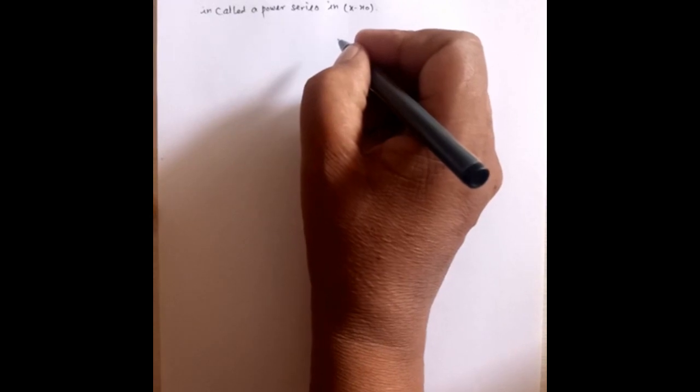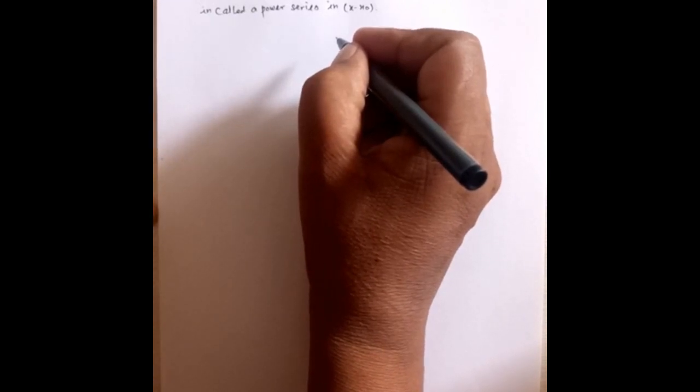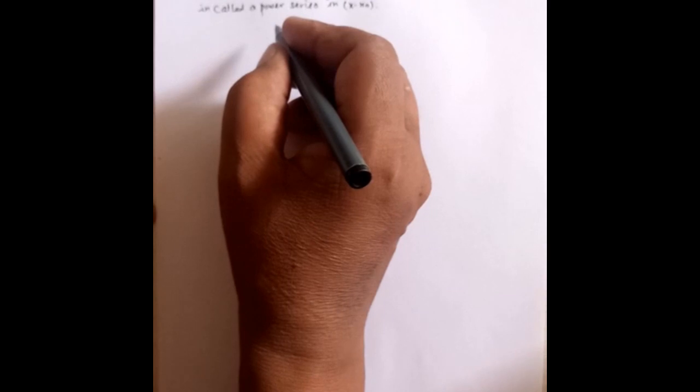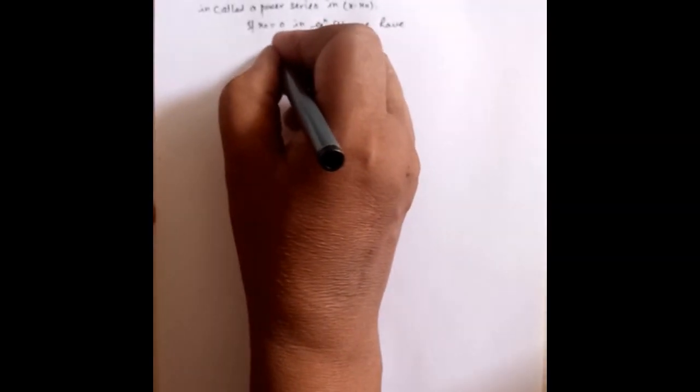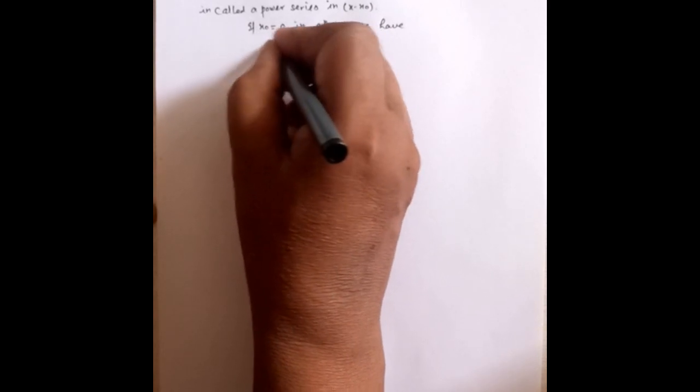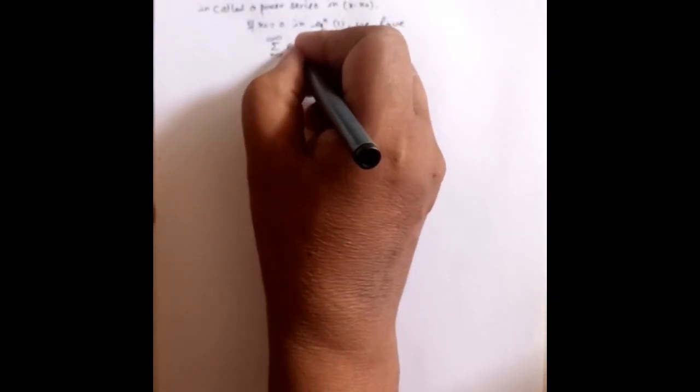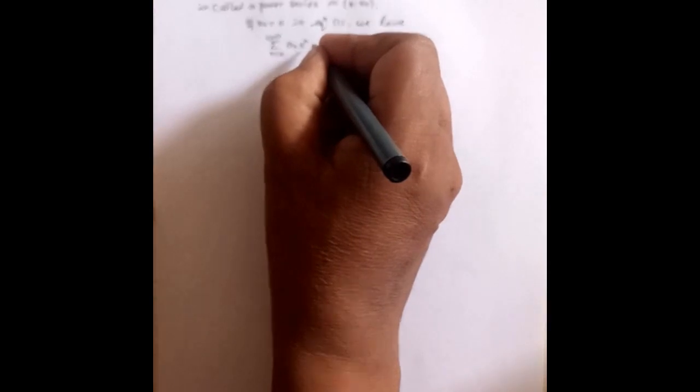In particular, a power series in x is an infinite series. If x naught is equal to 0 in equation 1, we have summation n equal to 0 to infinity a_n x power n.